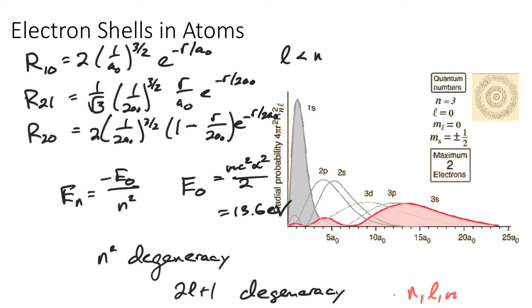This is even more apparent in the n equals 3 states, where we have the 3s highlighted in red with its 3 peaks, with a peak close in. The 3p has a peak somewhere in the middle here, which we can't see, and then its main peak, and the 3d only has a peak well outside.